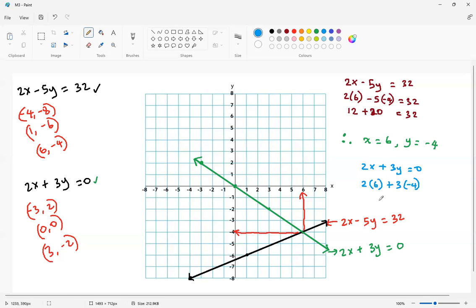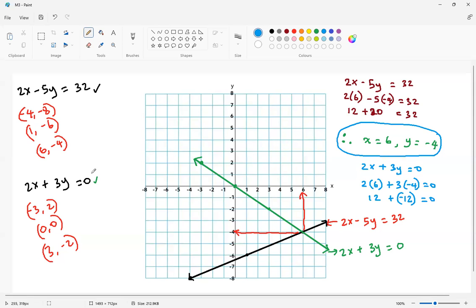Let's see if it will give us 0. 2 times 6 is 12, plus 3 times minus 4 is minus 12. And we know that 12 plus minus 12 will give us 0, you see? Which means that for sure these are the solutions to these two equations.